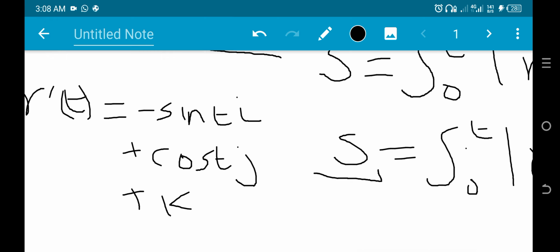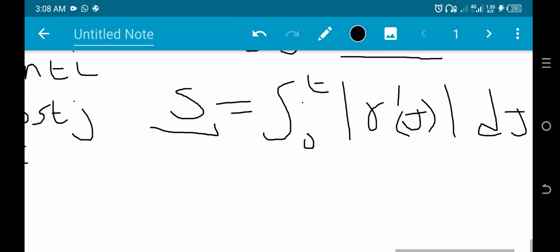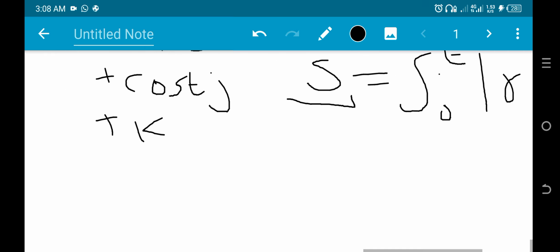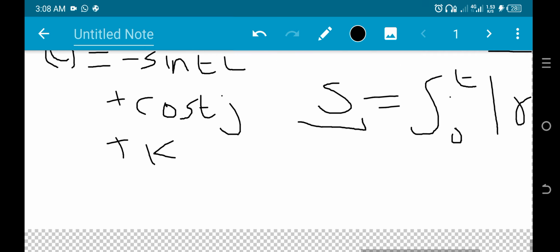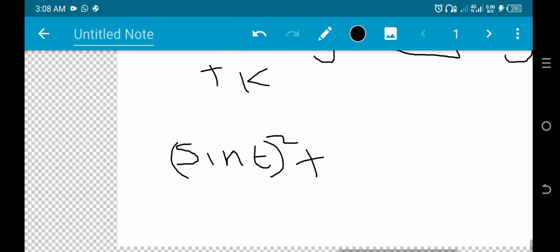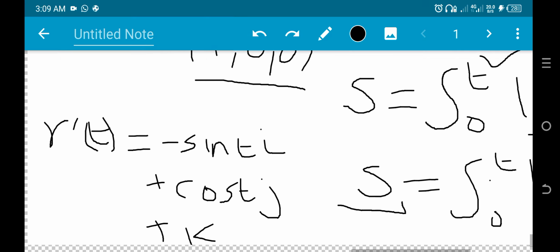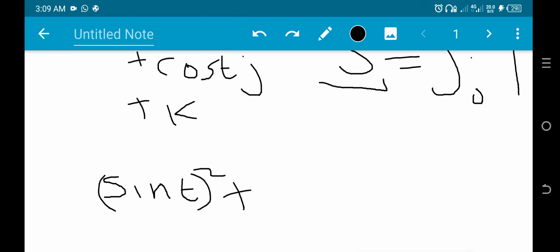Now we need to find the magnitude of r prime t. The magnitude of r prime t will be the square root of negative sin t squared plus cos t squared plus 1 squared.